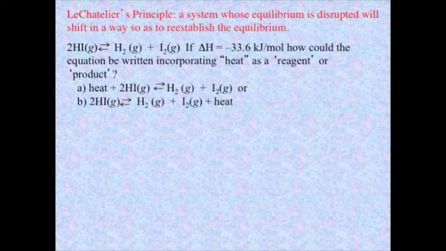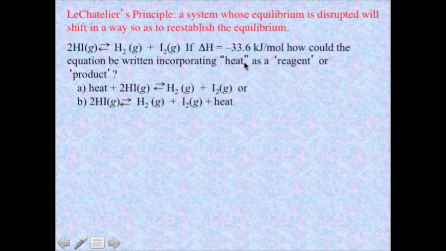Now, as it turns out, temperature can be a factor that influences the position of equilibrium. Consider this equilibrium, and we're given that it's an exothermic reaction. The enthalpy of the reaction is negative 33.6 kilojoules per mole.